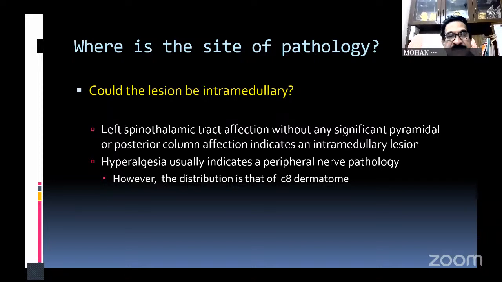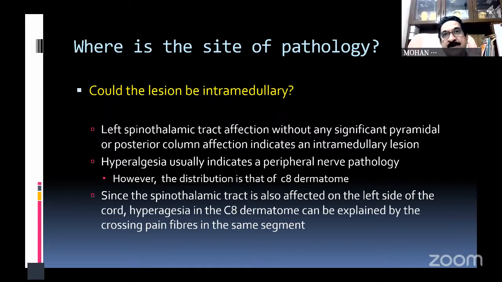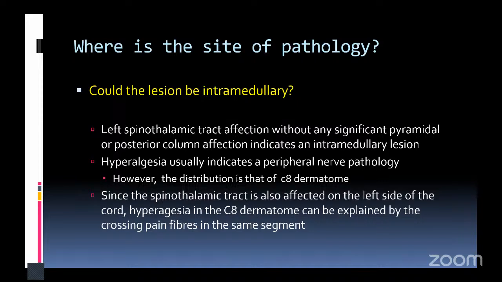So theoretically, if you can postulate a lesion inside the cord where the pain crossing fibers are also affected on the same side, in the same segment, you can explain the hyperalgesia as well as spinothalamic tract involvement, correct? Since the spinothalamic tract is also affected on the left side of the cord, hyperalgesia in the dermatome can be explained by the crossing pain fibers in the same segment. Okay? Yes, sir. So you agree with that possibility.